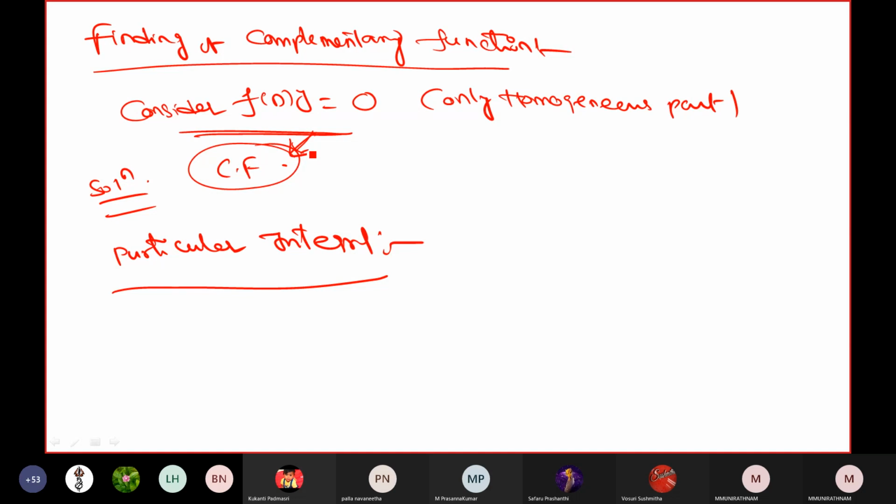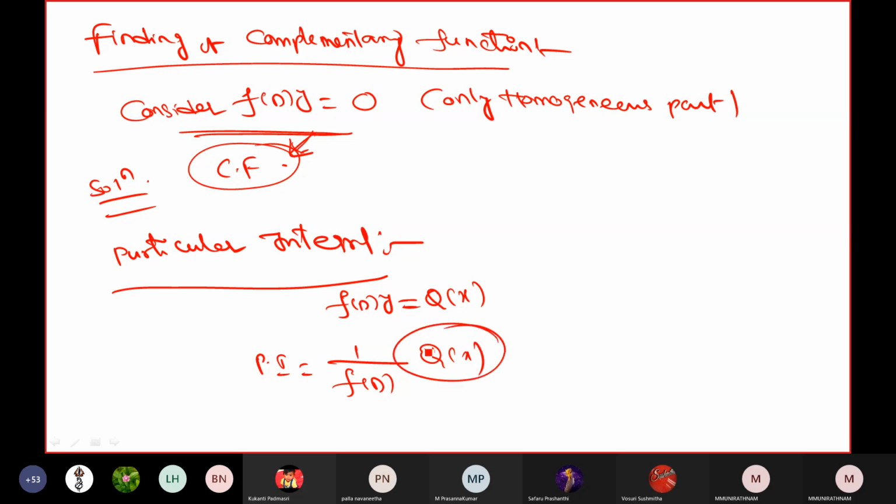Now coming to the particular integral, for the given differential equation we consider both homogeneous and non-homogeneous parts, f(D) y = Q(x). The particular integral of this will be 1/f(D) Q(x).